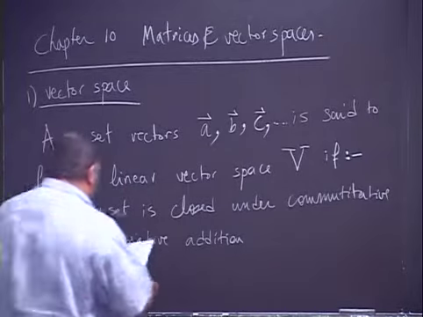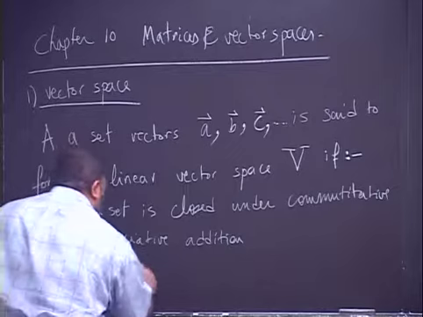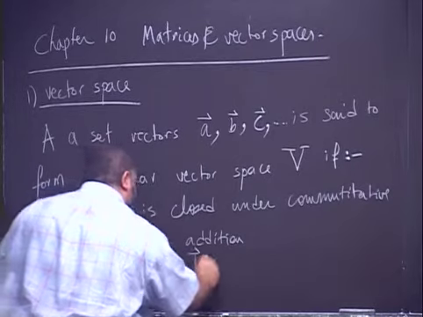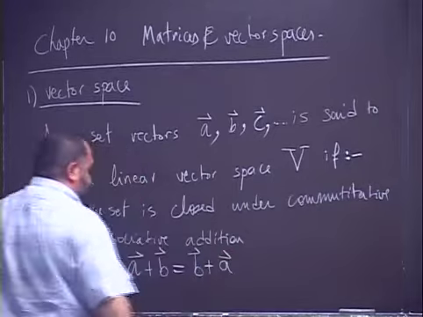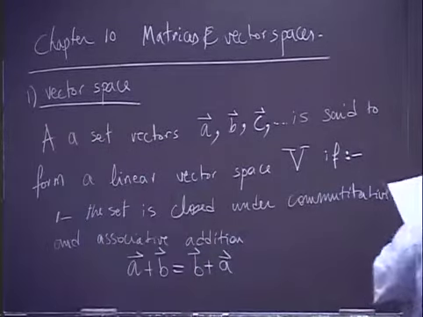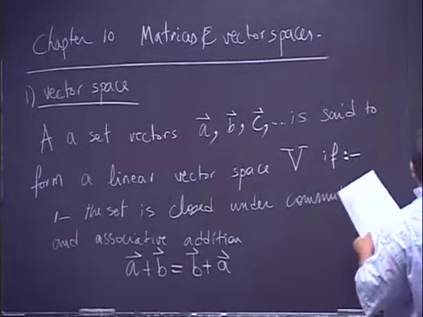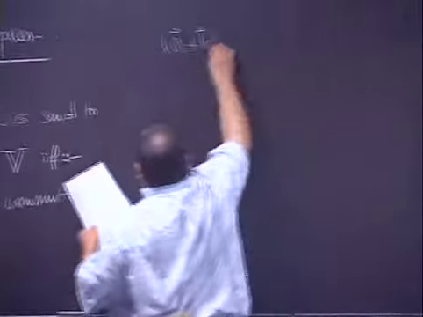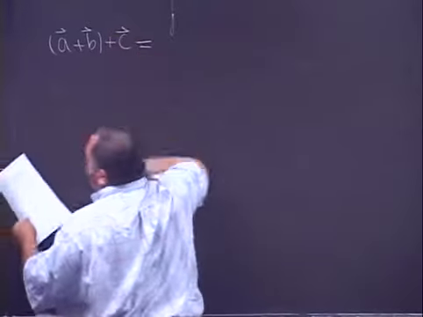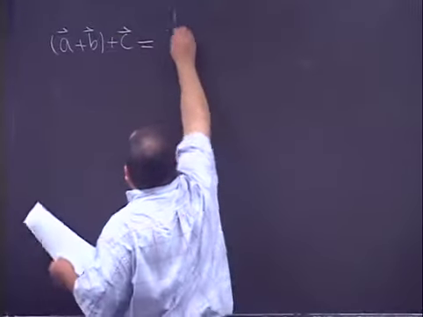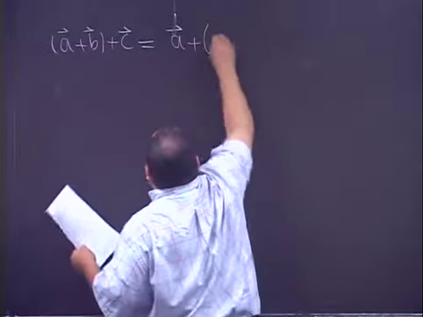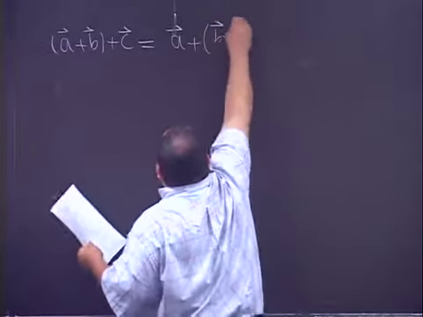So here is the definition. If we have vector A plus vector B, this will give us vector B plus vector A, and this is again the commutative addition. And this is A plus B; we add them together first, then we add vector C to them. This is the associativity: it will be A plus (B plus C).